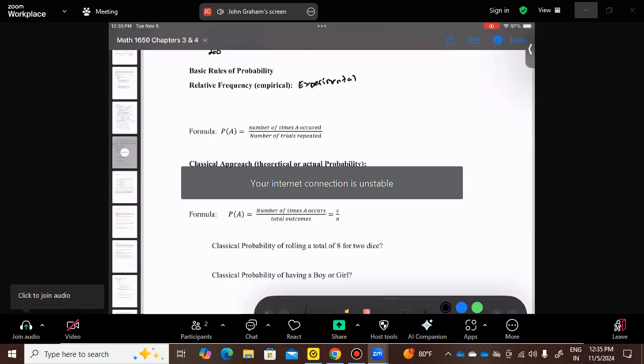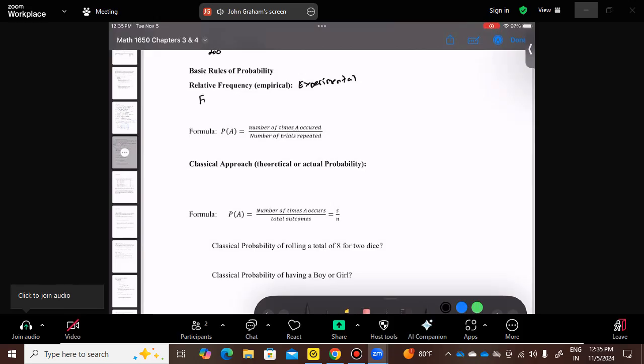For a given simple event A, there are S ways that event A can occur.